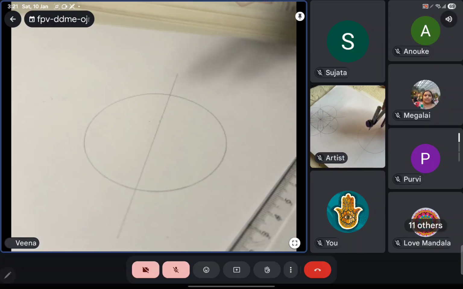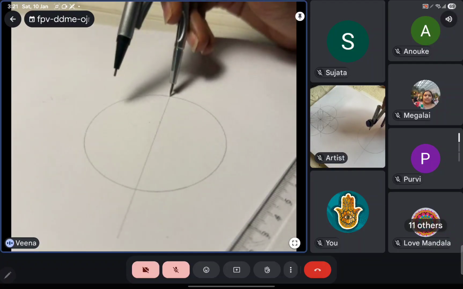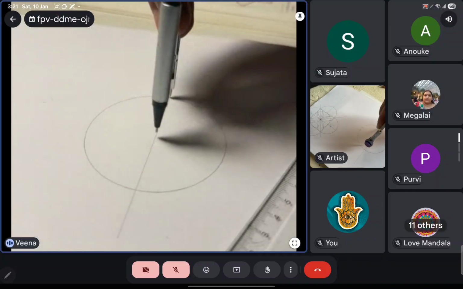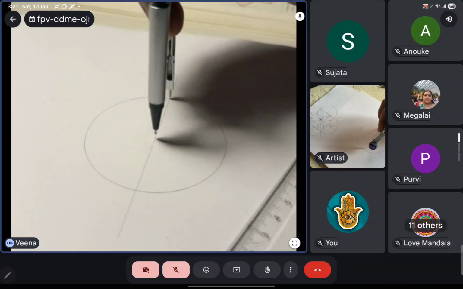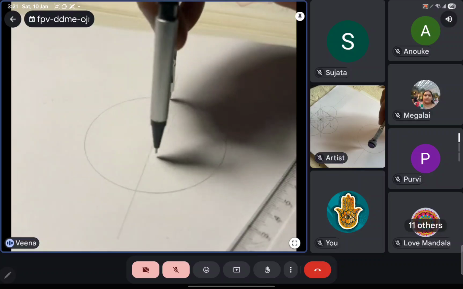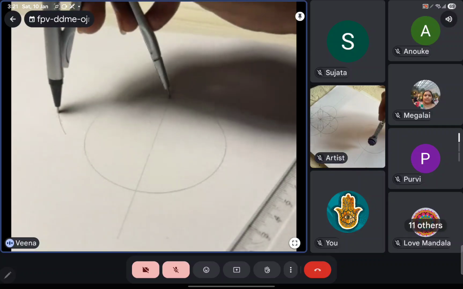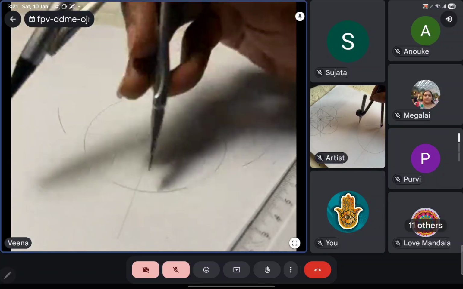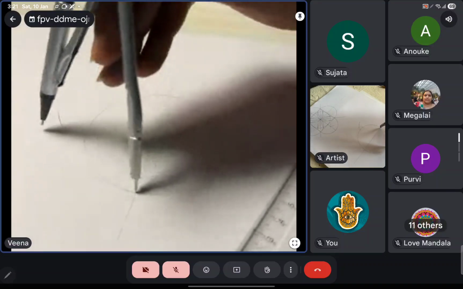All good. And then the same process where we keep our compass a little more than the center point and then draw an arc from both the sides.